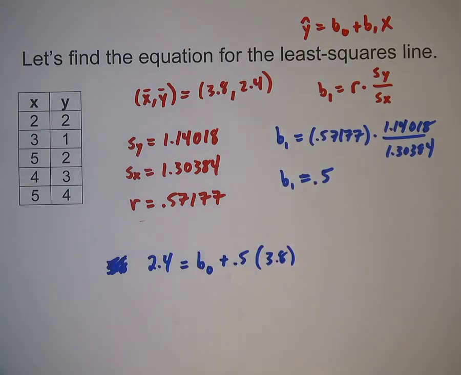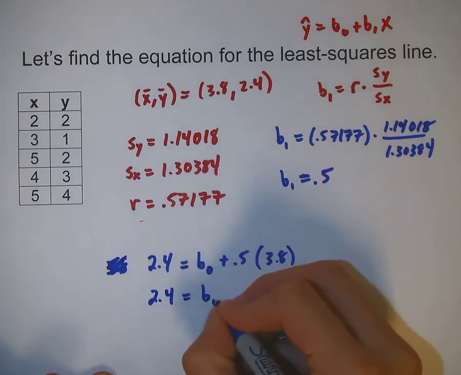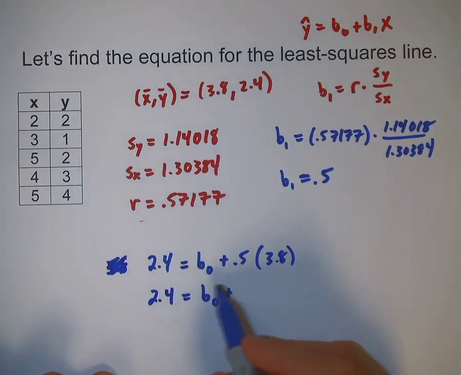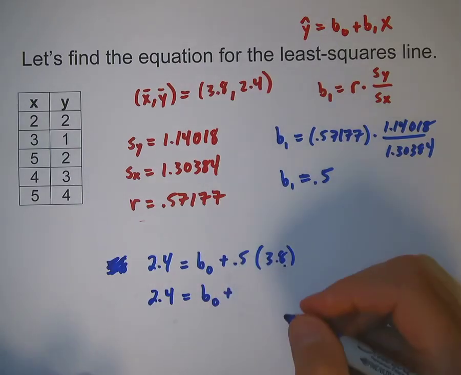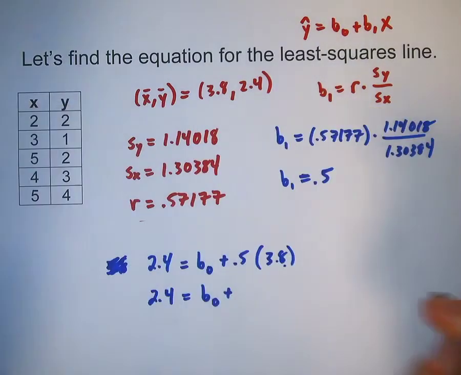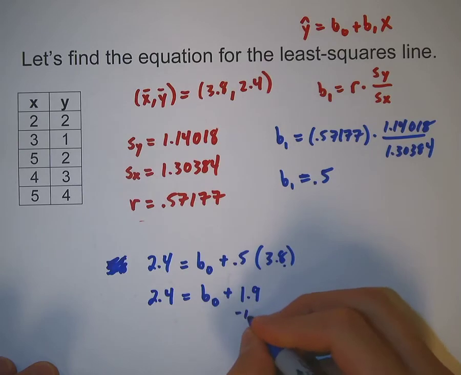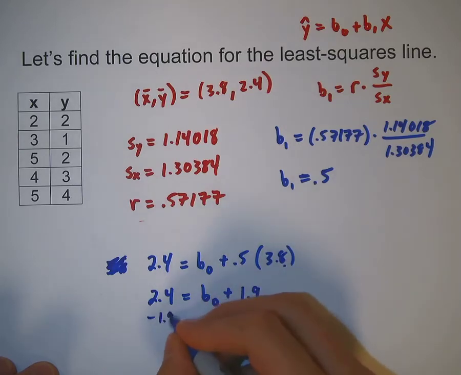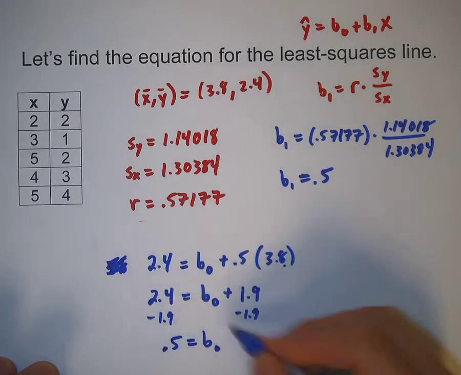Now I'm just going to use some algebra to solve for b sub 0. I'm first going to multiply 0.5 times 3.8, which is 1.9. Then I'm going to subtract 1.9 from both sides. 2.4 minus 1.9 is 0.5, which equals b sub 0.